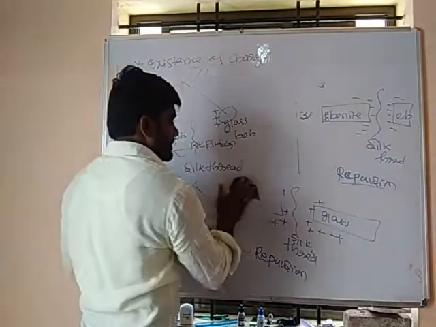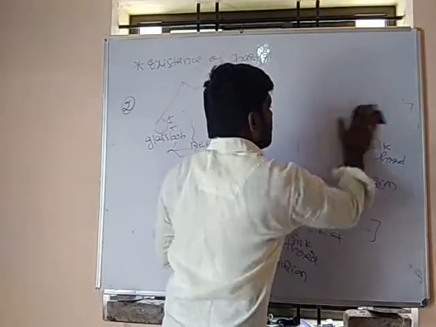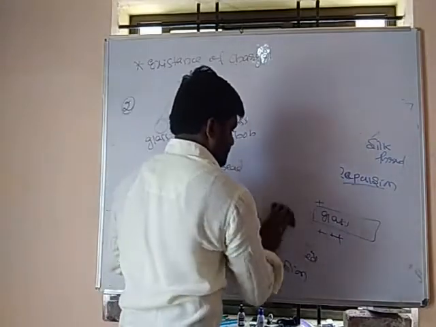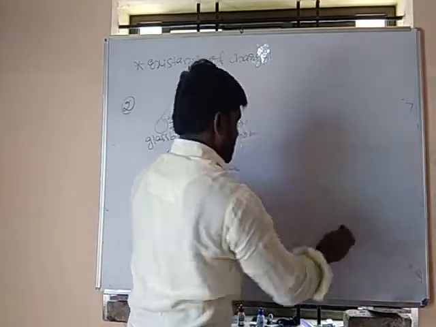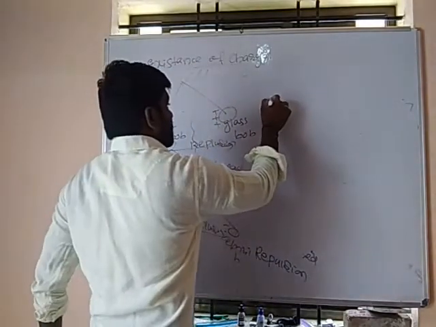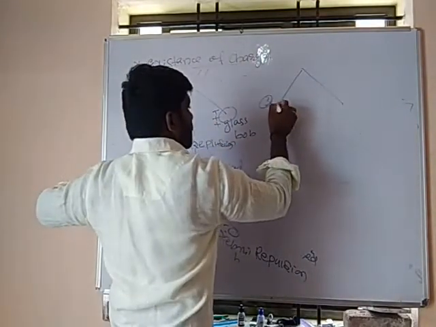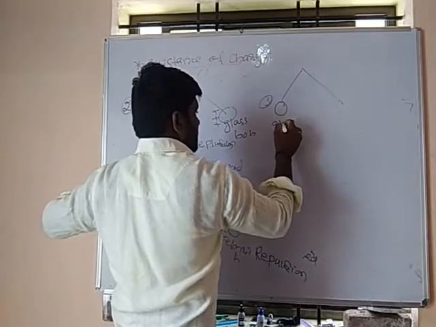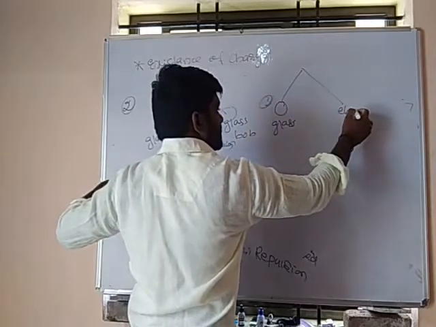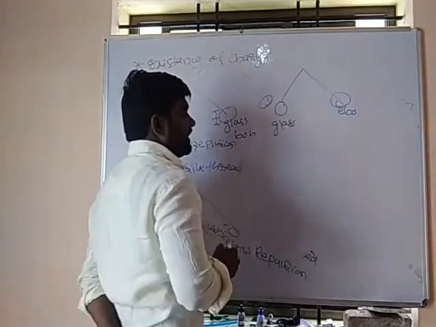So in the third case, what happens? Let us consider one is a glass bulb, the second one is an ebonite bulb. Then what happens?